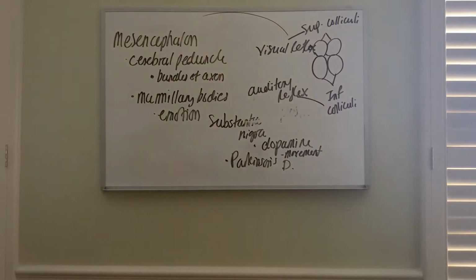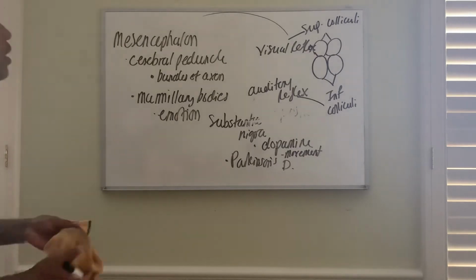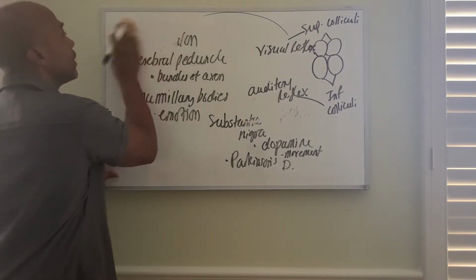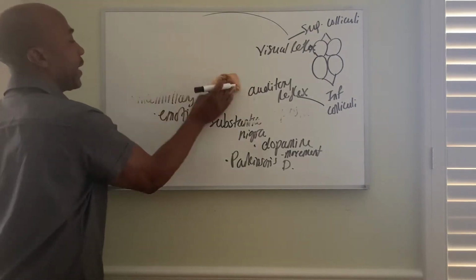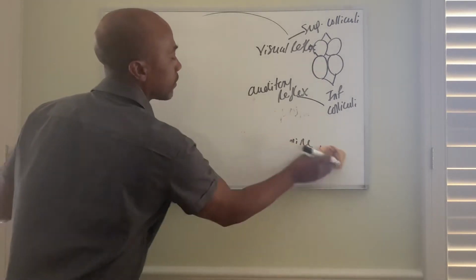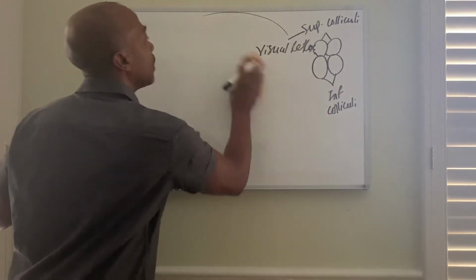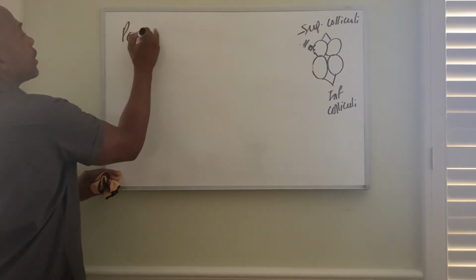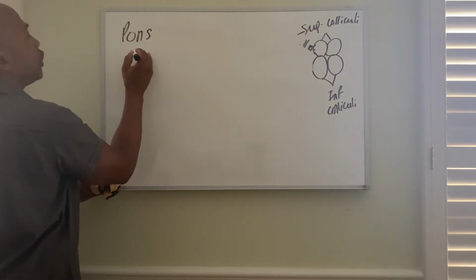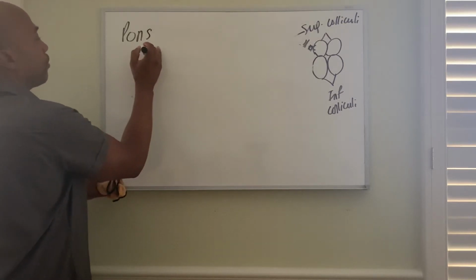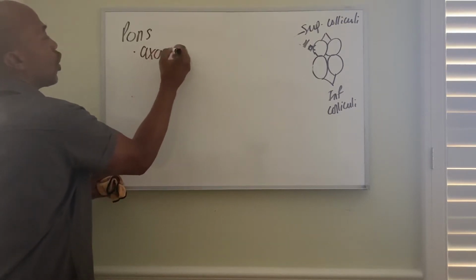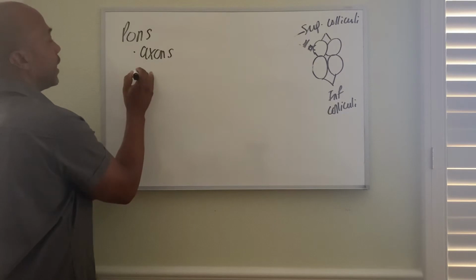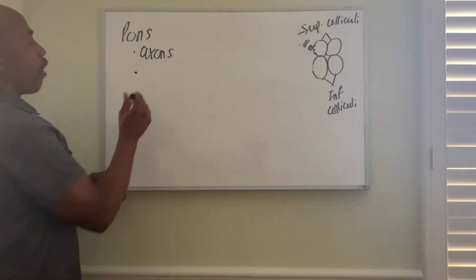Okay. Then get down to your next one, we'll do the pons. So we're leaving the midbrain. Go into the pons. So the pons is big, it's mainly big due to fibers. There's a bunch of axons running through the pons. It's mainly known for being involved in breathing.